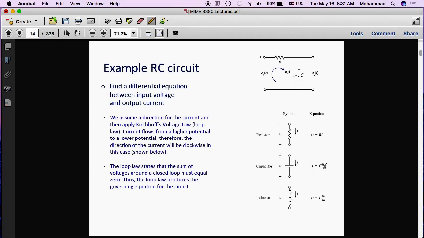it tells you the current passing through a capacitor is equal to C, its capacitance, times the derivative of voltage applied.